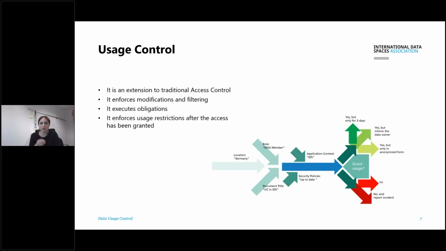Yes, but inform the data owner. Yes, but only in an anonymized form. Or no, and the incident should be reported. And so on and so on. These obligations, this filtering, this taking care of these restrictions after the access is granted, that's what usage control is.